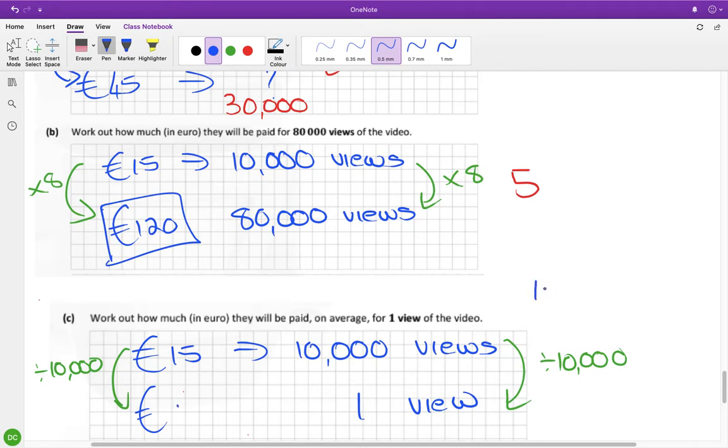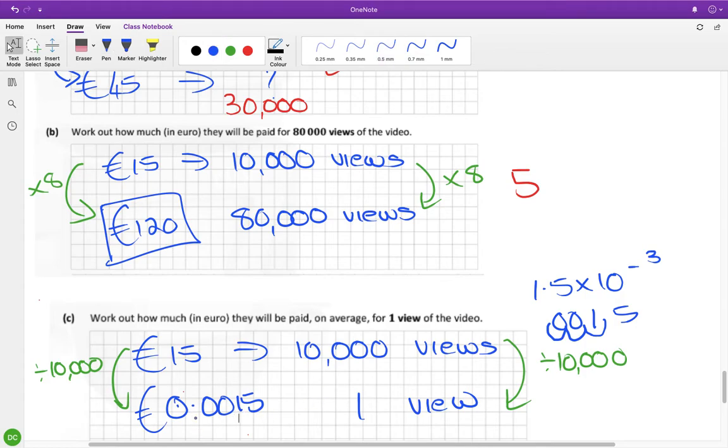I'm getting 1.5 by 10 to the minus 3. So that means I have to take the 1.5 and move this decimal 1, 2, 3. So I need a 0 here and a 0 here. So that is 0.0015. Right, 1.5, it would be here. So 1, 2, 3. Yeah, that's what I think it is for 1 view, 0.0015 of a euro.